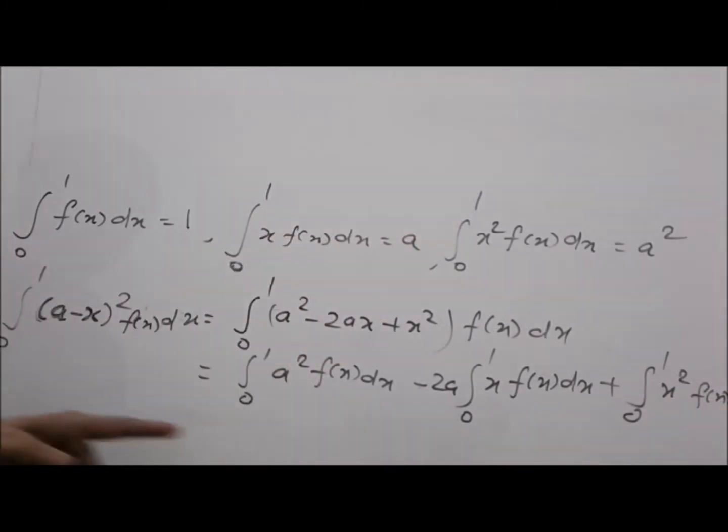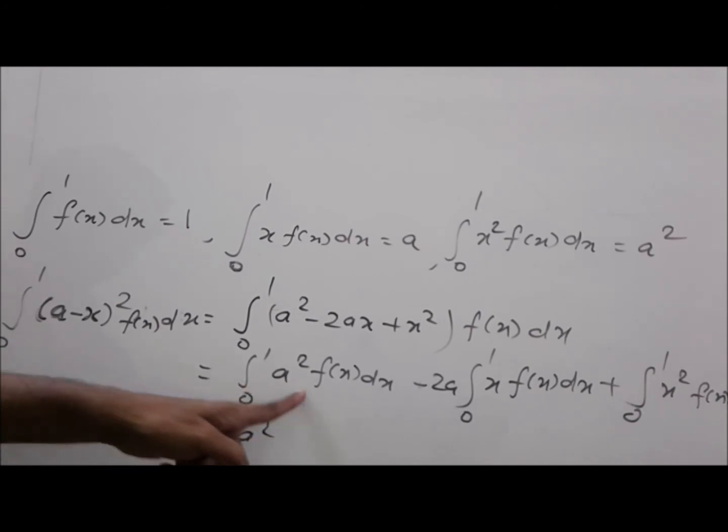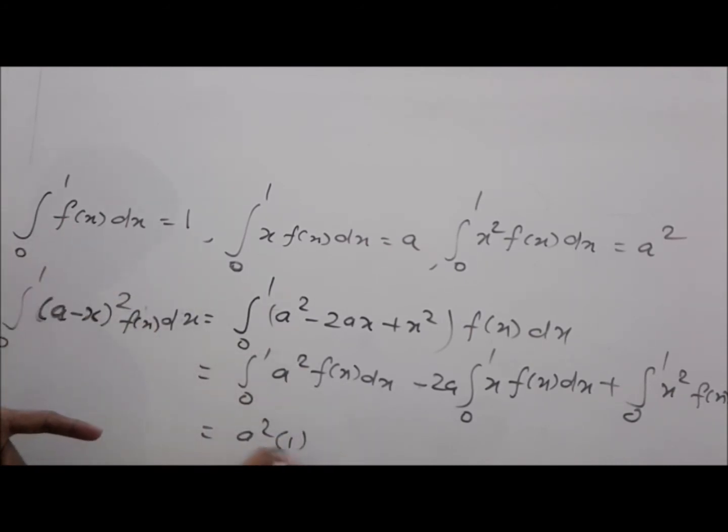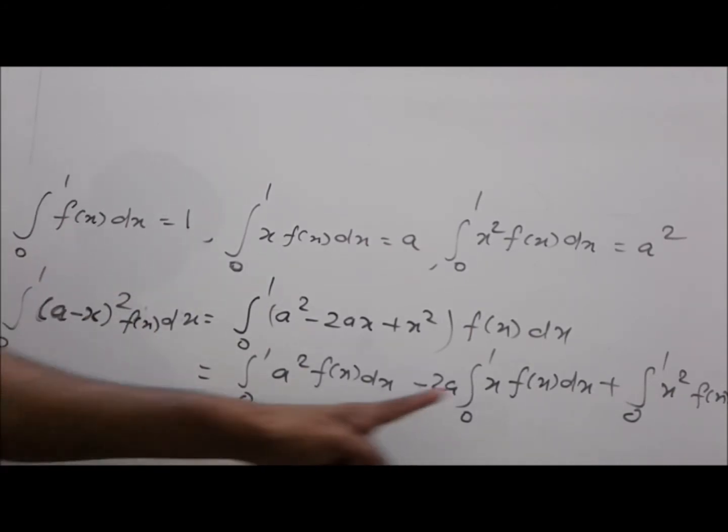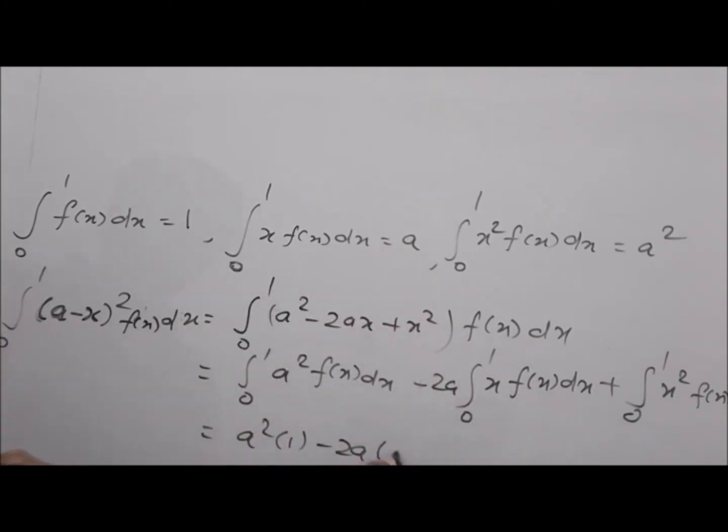Now substituting the above values, a square into f of x dx is 1, minus 2a into x f of x dx is a, plus 0 to 1 x square f of x is a square. So a square minus 2a square plus a square equals 0 is the answer.